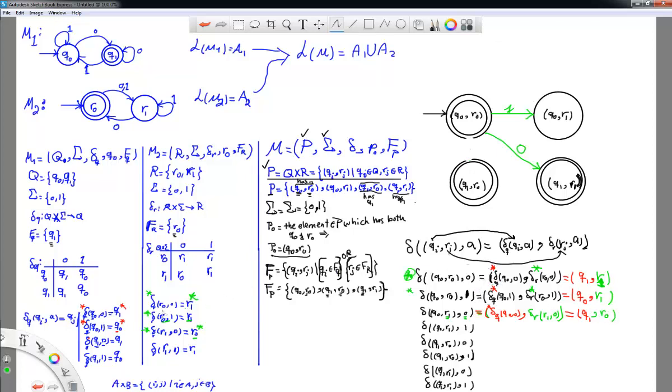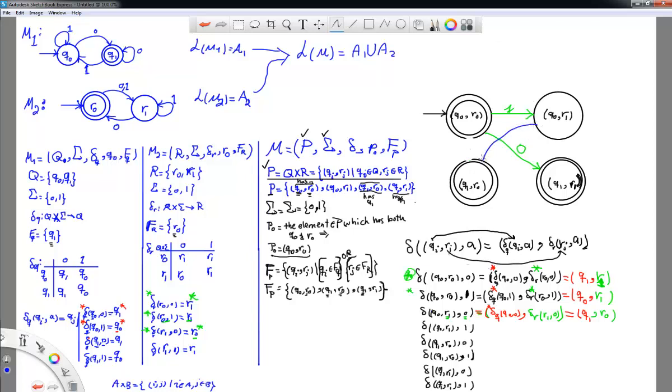So according to this transition then, let's make this blue. So I'm going to go from q sub 0, r sub 1, which is that guy, up here on the upper right corner. I'm going to go to q sub 1, r sub 0, which is right across the page.